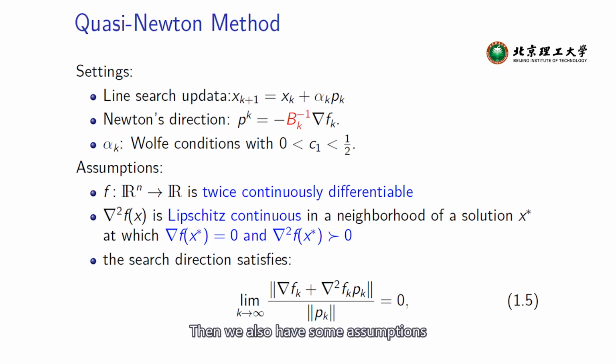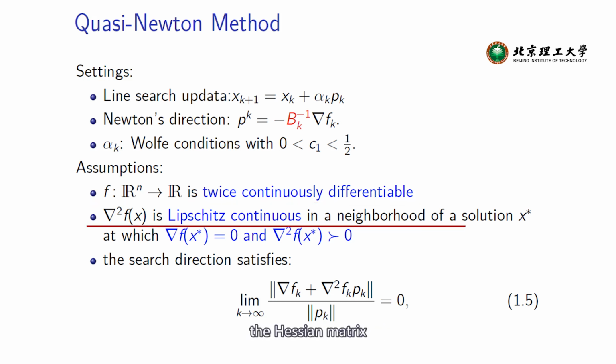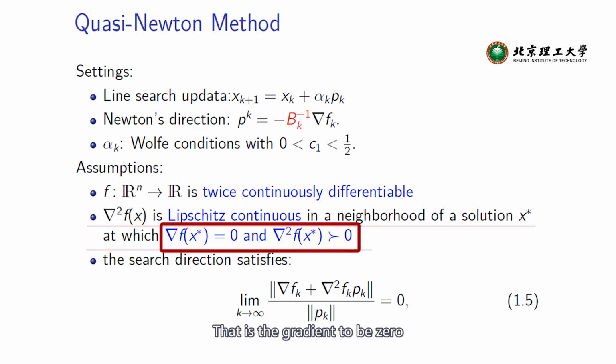Then we also have some assumptions similar to those in Newton's method. For example, we need f to be twice continuously differentiable. We also assume that the Hessian matrix is Lipschitz continuous in the neighborhood of x*. And this x* also needs to satisfy the second order sufficient condition, that is, the gradient is 0 and the Hessian matrix is positive definite.